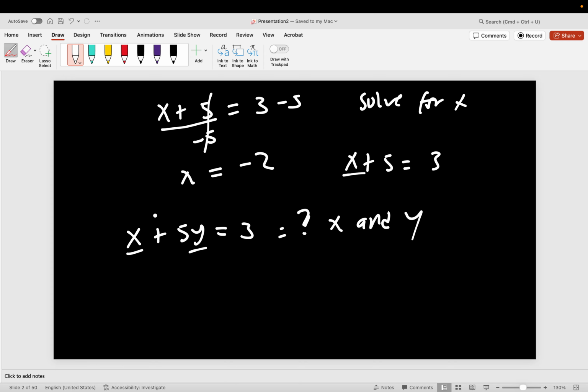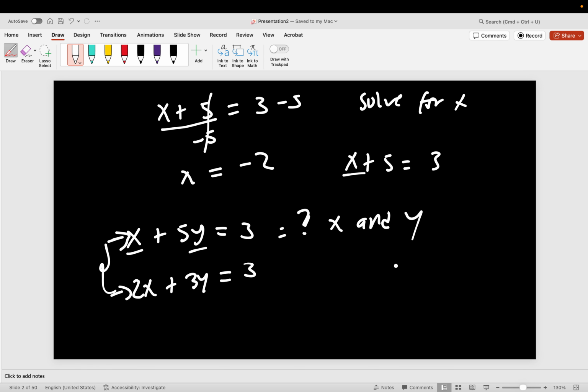Ideally, when we have two variables and we need to solve for x and y, we usually will have two equations. And now what we're solving for is a little bit more interesting, because I'm not only solving for what makes this equation true, but I'm also solving for what makes that equation true. So I'm solving for what makes both of these equations true.